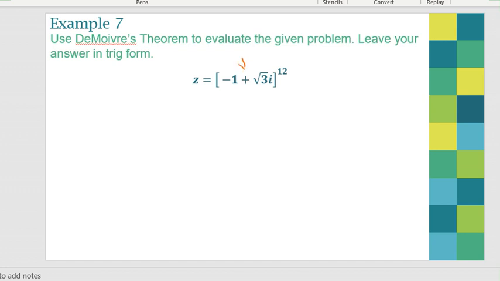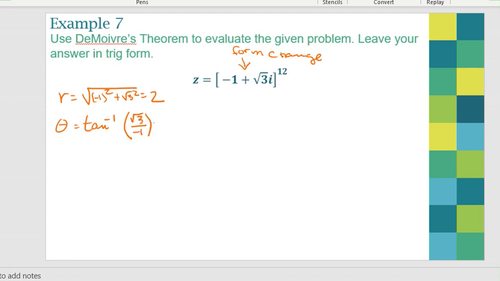This one, notice we have to change the form. And leave it in trig form. So that means I have to start with the r, which is the square root of -1 squared plus square root 3 squared, which is 2. The theta is equal to tan inverse square root of 3 over -1, which is -60 degrees.